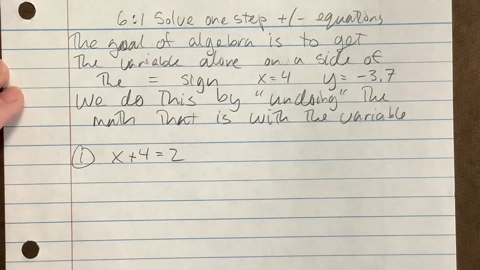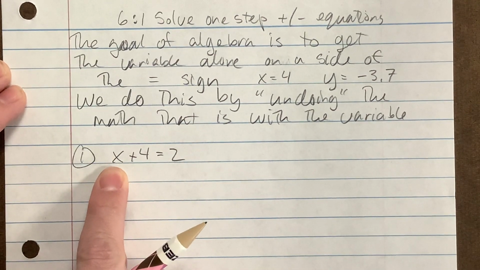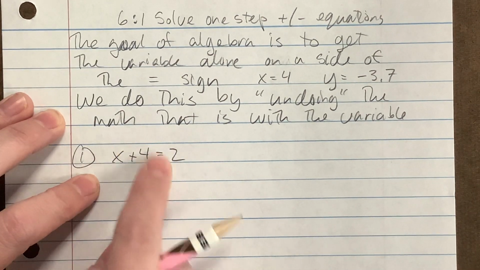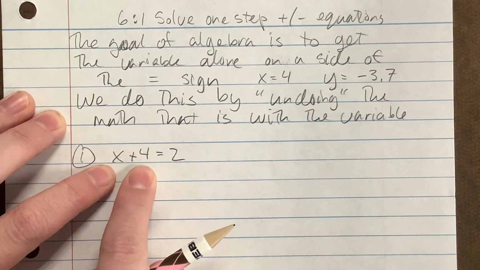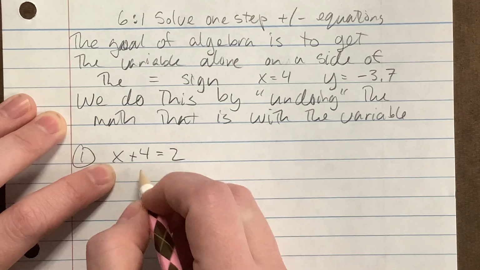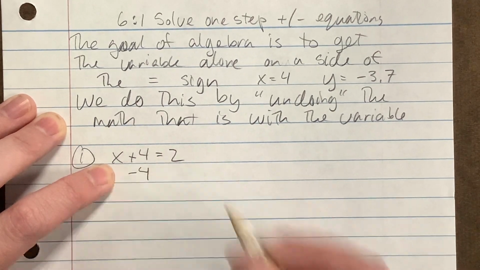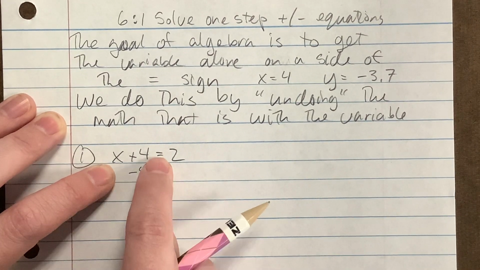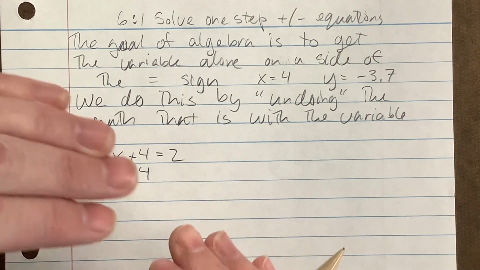Okay, so our goal is to get the variable by itself. Right now, with the variable is a plus 4. If we want to get rid of this plus 4, we can minus 4 from it. But this equal sign here is kind of like a balance.